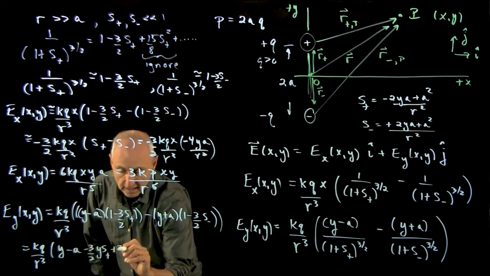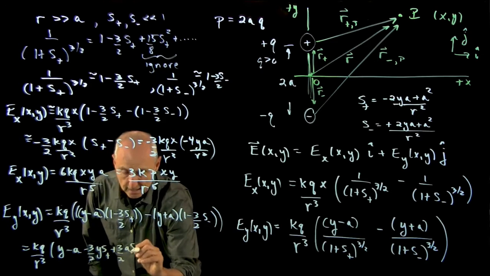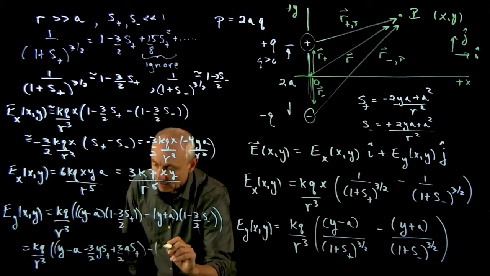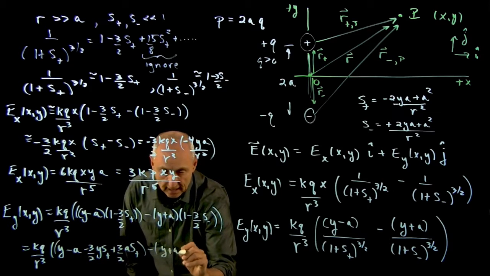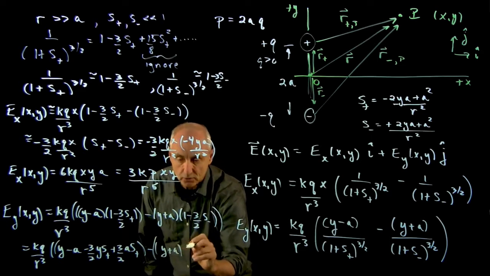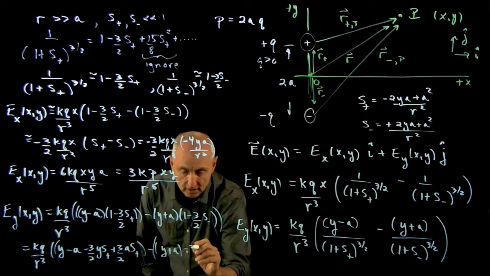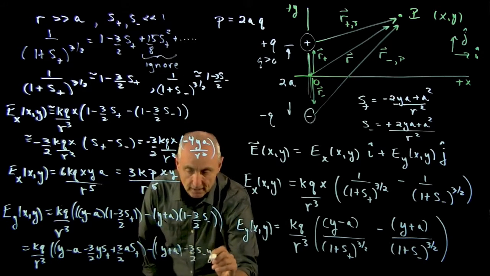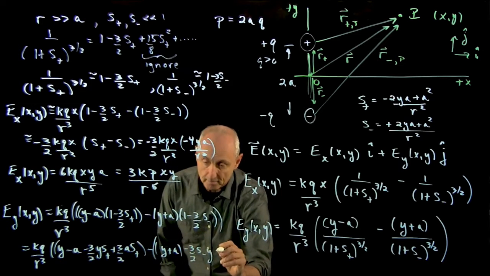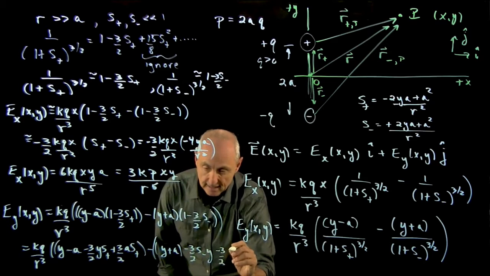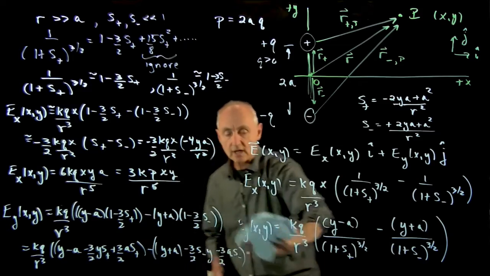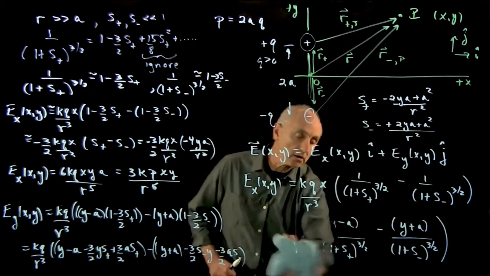We have plus 3/2 a s plus minus y plus a. That's the first one. And the next one is y. There's a minus 3/2 s minus y. And finally, there is the term minus 3/2 a s minus. So this one was a little bit more complicated.